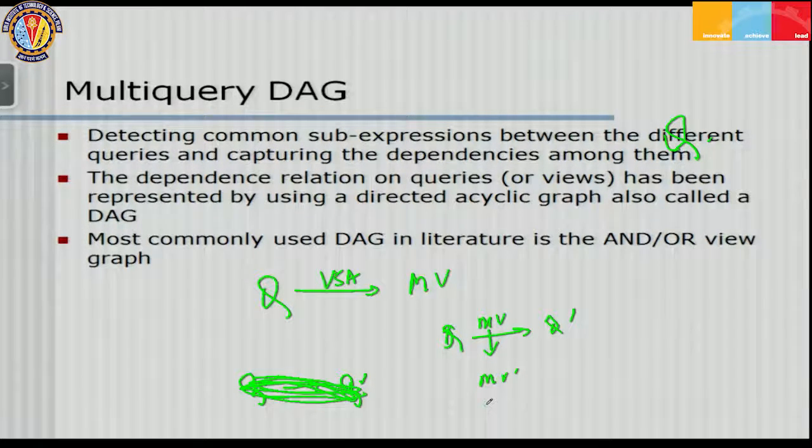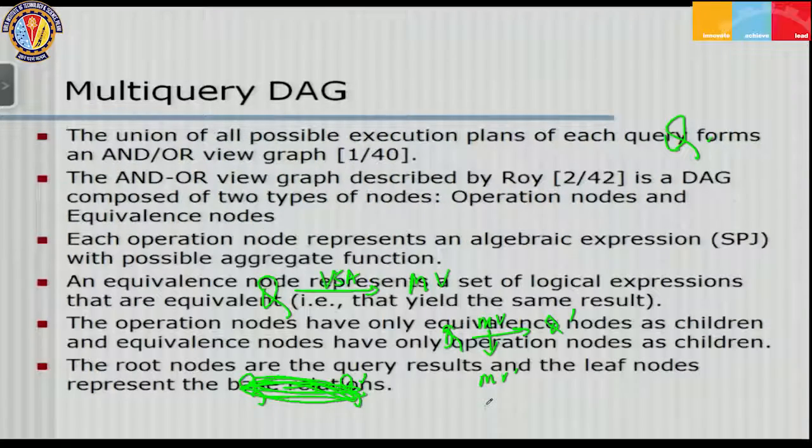So I need to do that first. The dependence relation on queries or views is represented using a DAG, and the most commonly used DAG is an AND-OR view graph. I'll give you an example of this in the next slide.